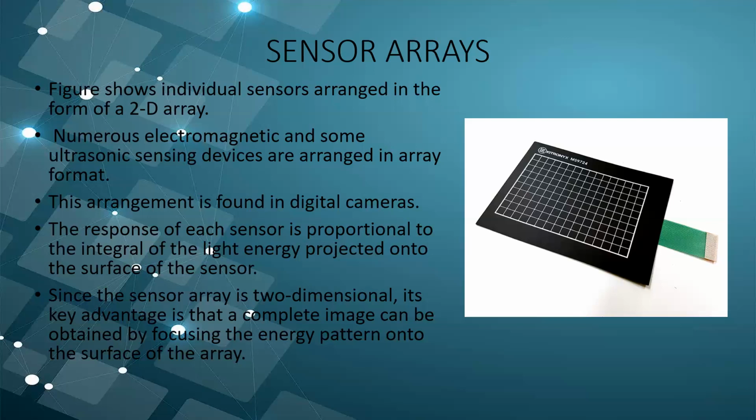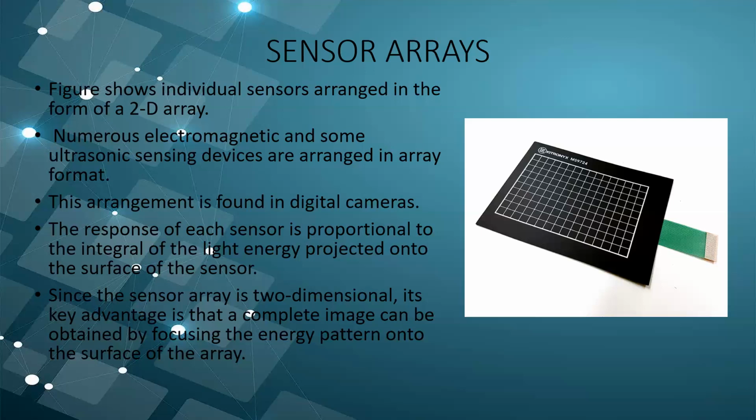The response of each sensor is proportional to the integral of the light energy projected onto the surface of the sensor. So, the response of a sensor is proportional to the integral of the light energy projected.